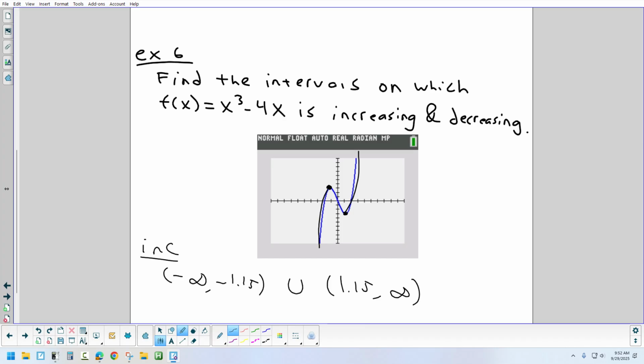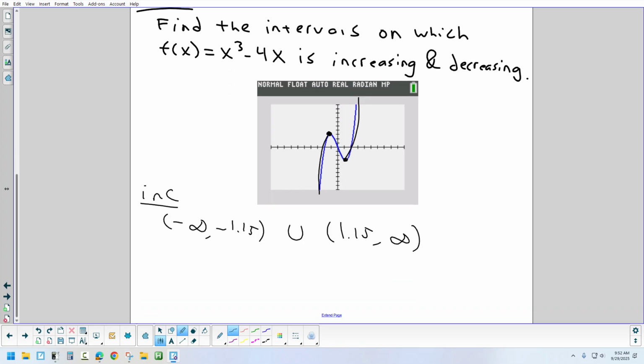And then we're decreasing between those two numbers, negative 1.15 up to positive 1.15. Again, do not always assume that these numbers are just negatives of each other. Most of the time they're not. But that's how you describe the intervals where you're increasing and where you're decreasing. And that's 3.1.